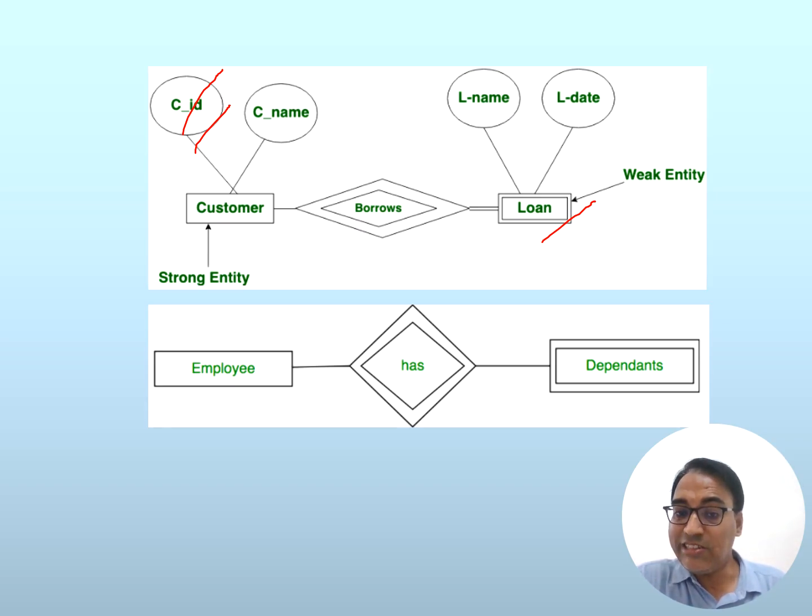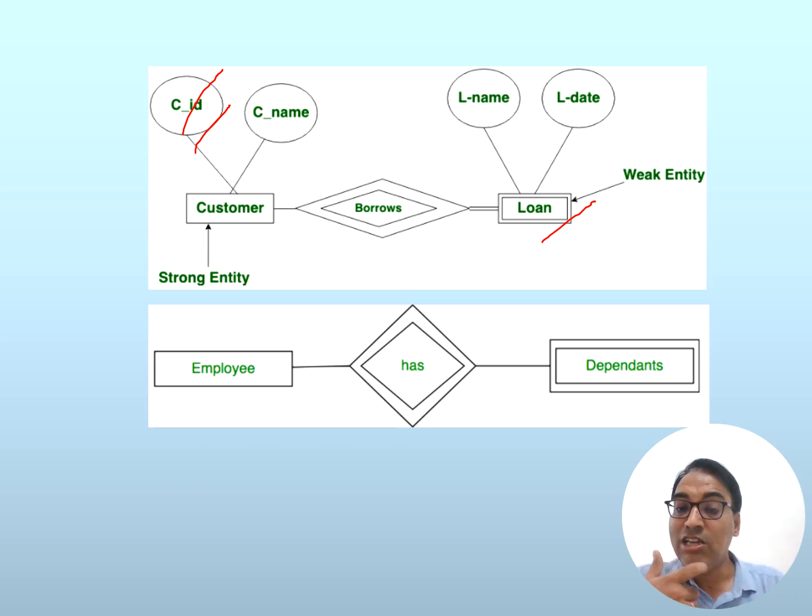An employee has dependents. My family members are not directly associated with my company or my university, but they are my dependents. Whenever the university asks me for details, every detail about dependents comes in the weak entity, which is connected with my employee ID.